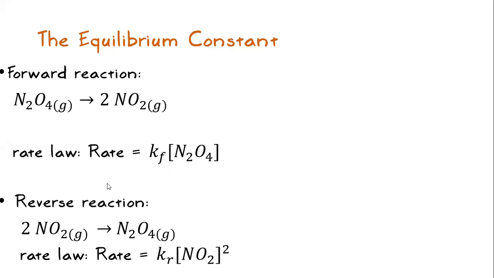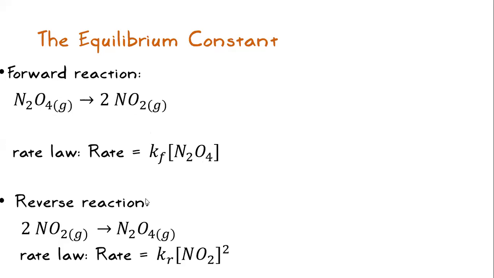So what they are trying to do here is to derive an expression for the rate law. So for the forward reaction, that is, this N2O4 is being converted to NO2. We are trying to get an equation to express how N2O4 will be changed to NO2. So the simple equation is that Kf will be the concentration of N2O4.